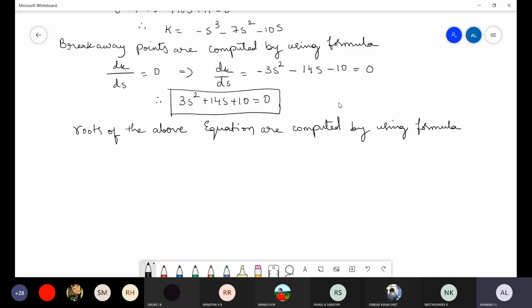Okay, by using the formula, that is the minus b formula that is there, or else by using the formula or through a calculator.